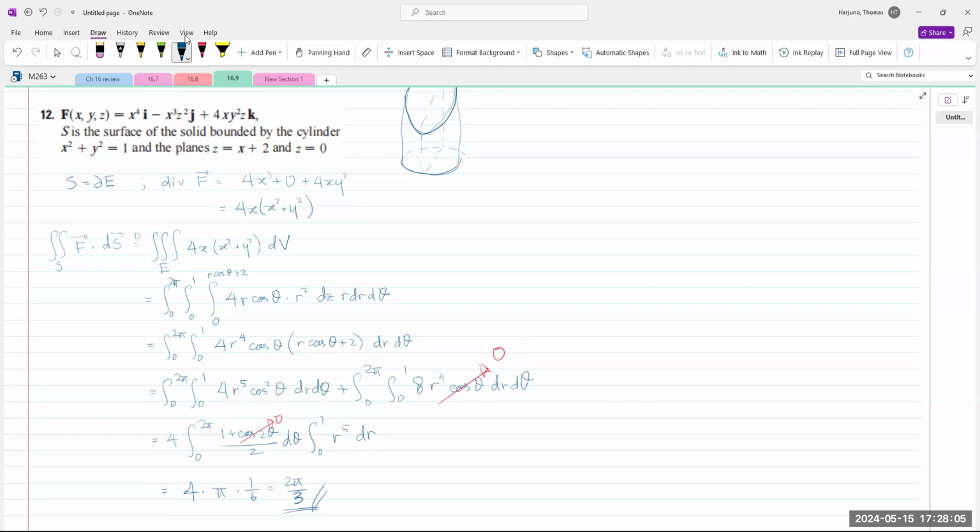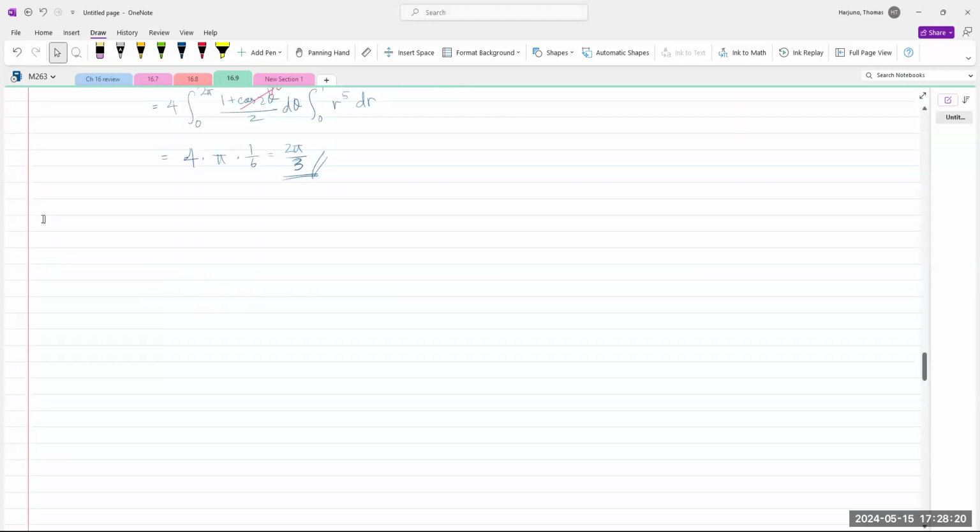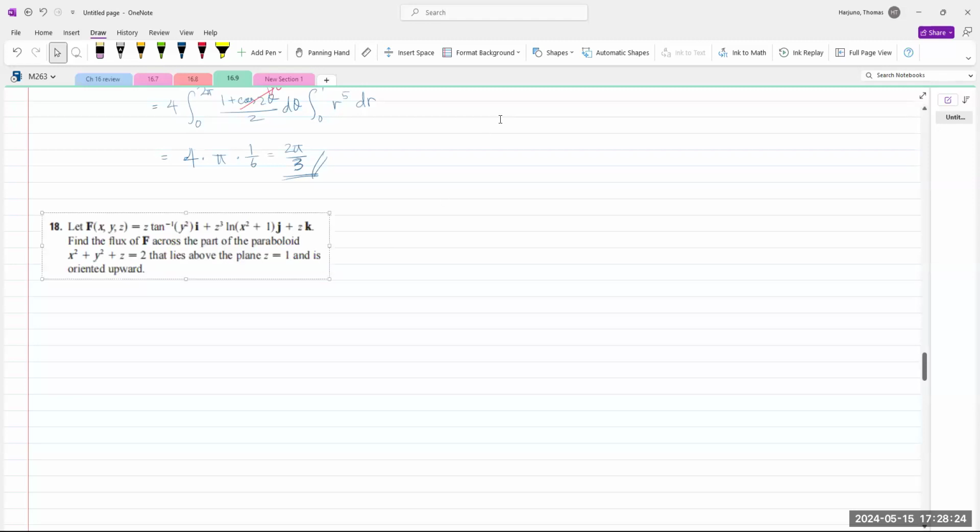Okay, let's see what happened with number 18. I actually like number 18 for some very nice reason. In number 18, we have this question here. Okay, let F be this vector field.